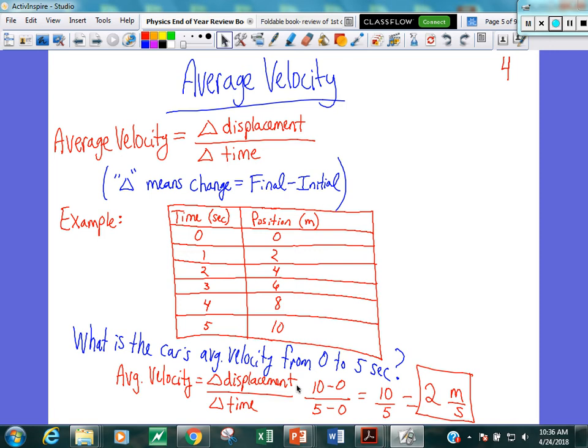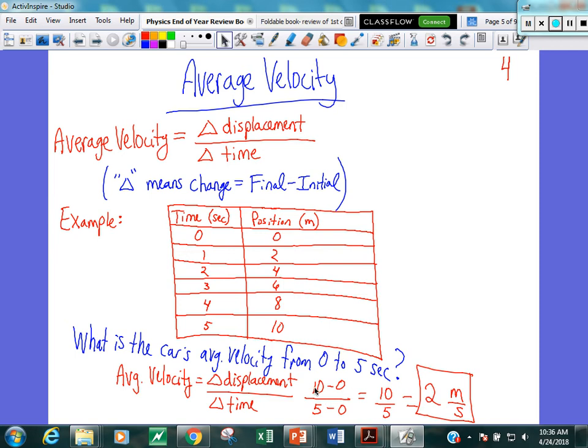So we're talking about final, or change in displacement. We're doing final displacement, which is 10 right here. So 10 minus the initial displacement, which we get right here, was 0. So 10 minus 0 goes on top. The change in time goes on bottom, so the final time period that we had was 5 seconds, minus the initial time, which was 0.